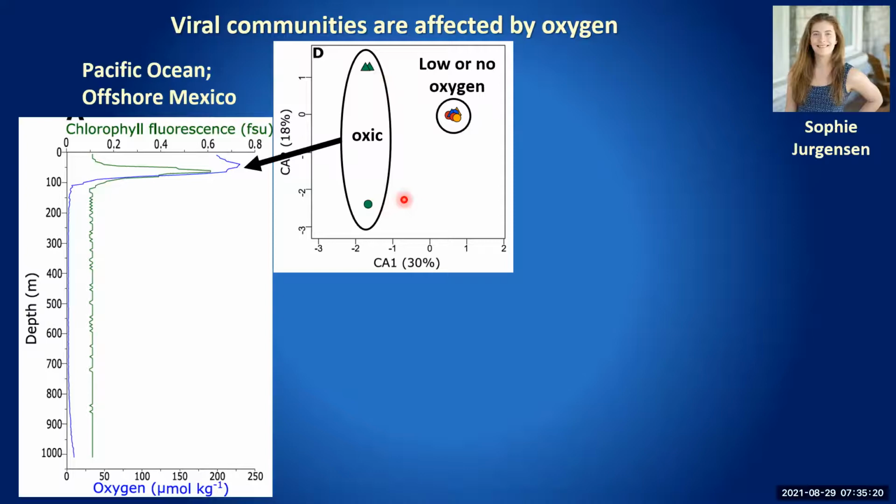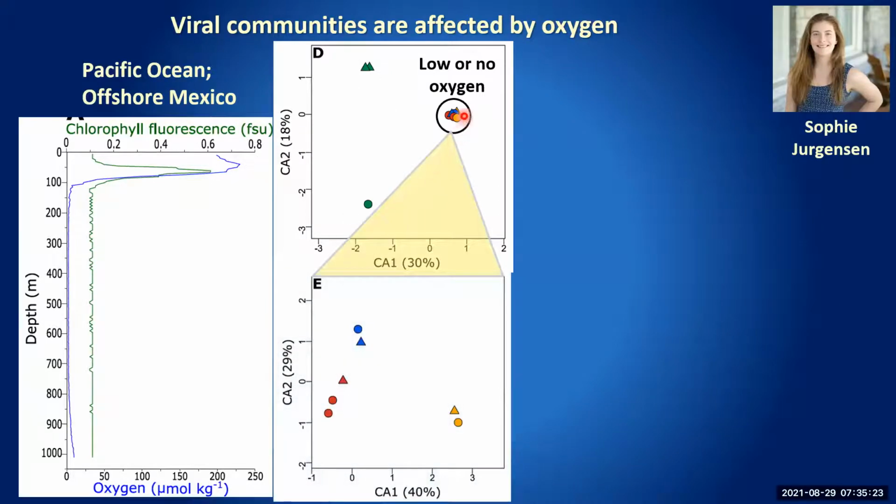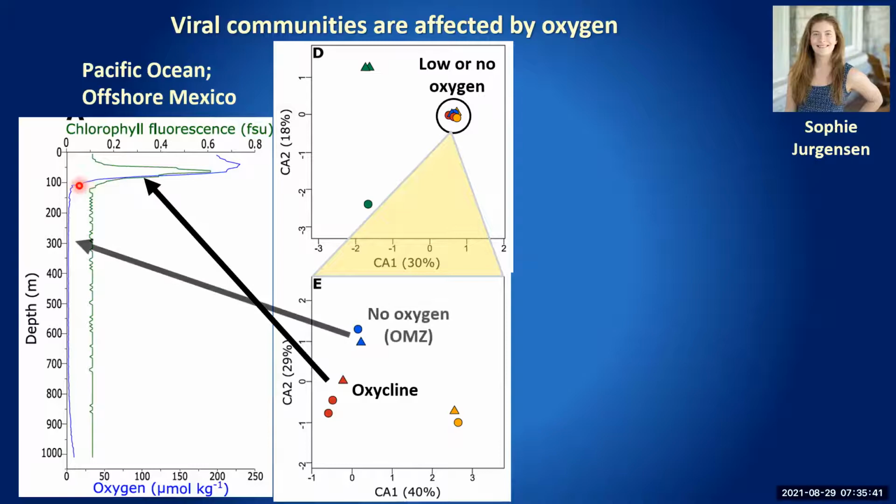Now we're going to zoom in a little bit and look at how those viral communities compare to each other when you just examine the low oxygen communities. That's what I'm showing here. Right here, we have the viral communities from the oxycline, where the oxygen concentration is going down to 0. Here we have viral communities from the region without oxygen at 300 meters. And here we have viral communities from below the oxygen minimum zone where oxygen starts to increase.